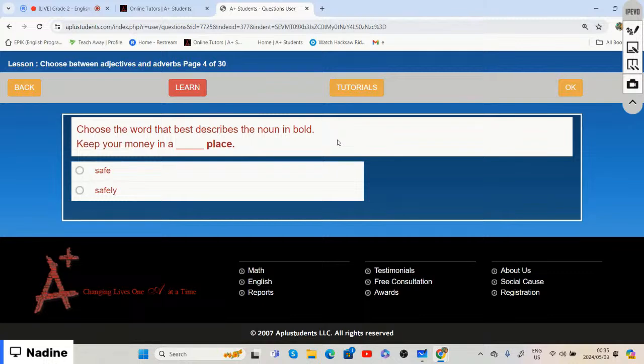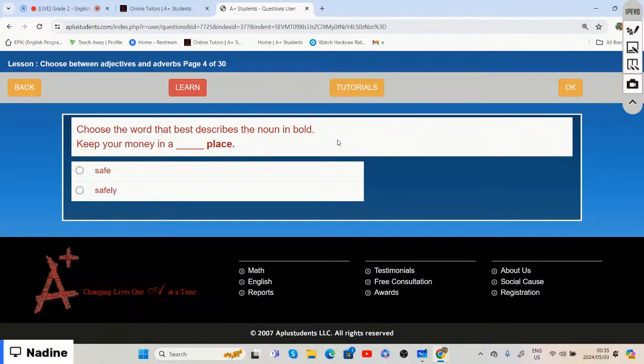We need to select a word to describe the noun. All right, so if we're describing a noun, it means that we need to select an adjective.